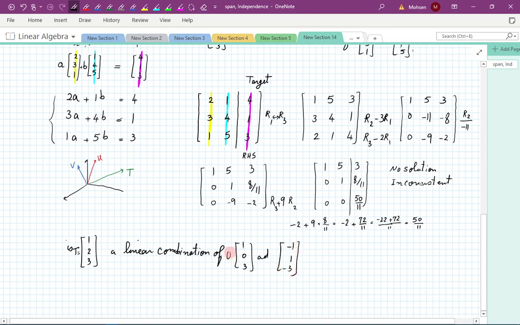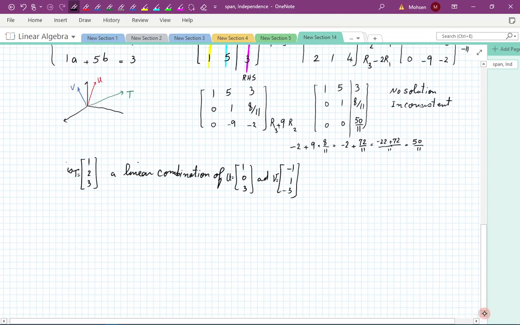So let's call this one u and that one v. Is this t a linear combination of those two?